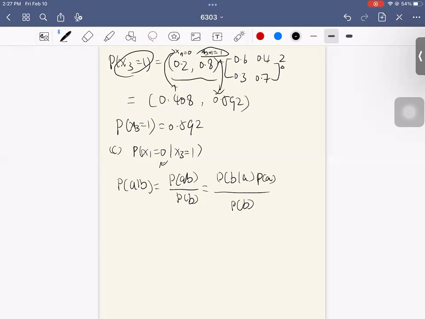We know that this belongs to Bayes' theorem. So in this question, we can apply this theorem in here. That looks like this.